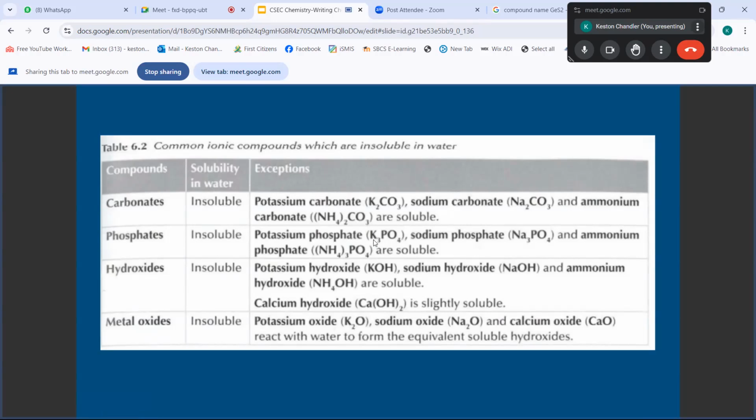You'd see potassium and sodium repeating itself, and that's because of where they are in their respective groups. Right, same thing for the metal oxides. Ammonium carbonate, ammonium phosphate, and ammonium hydroxide are also soluble, and calcium hydroxide is slightly soluble, right? So these are two tables that you need to add to your little index at the back of your book as something for you to learn. Yeah?